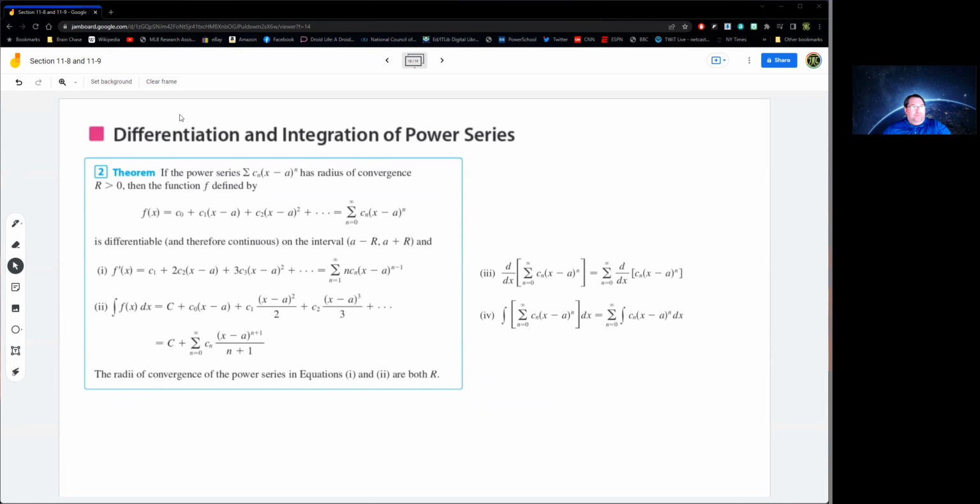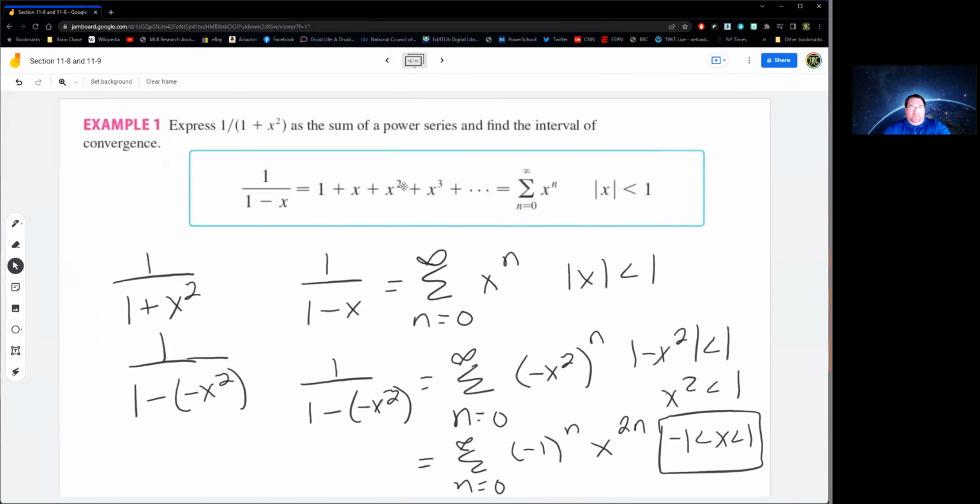But again, everything we're looking at is trying to go back to that original function, because I know that geometric series works. So when I'm doing my integral or my derivative, I'm looking at it in terms of that part. So, back to the thing before I switch slides again.